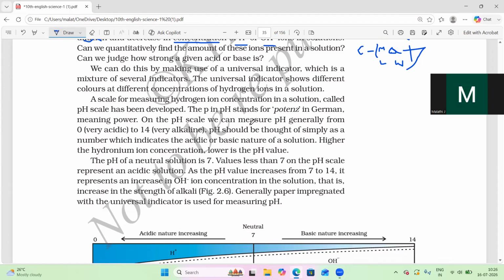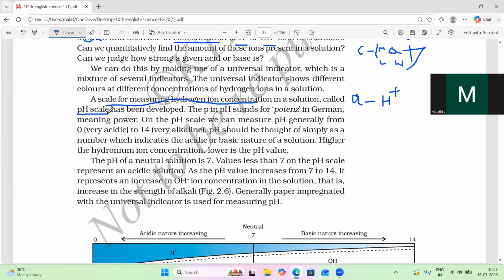One more thing we can see here is a scale for measuring the concentration of hydrogen ions in an acidic or basic solution. To find the concentration of H plus ions in the solution, we use the pH scale.